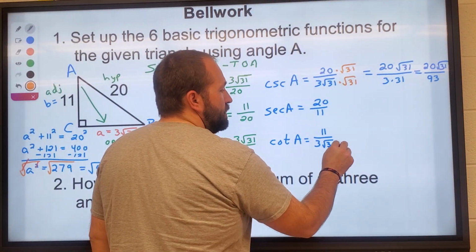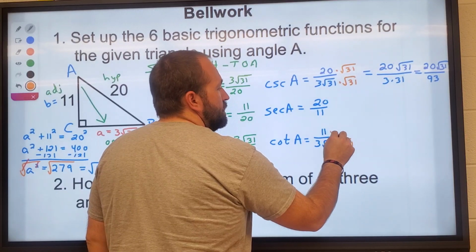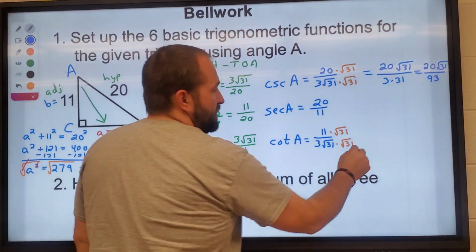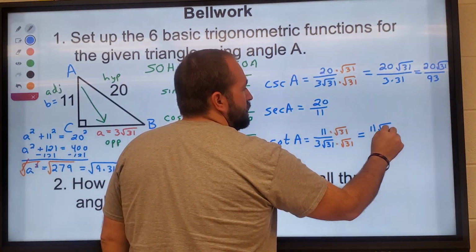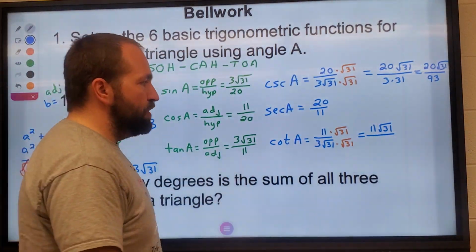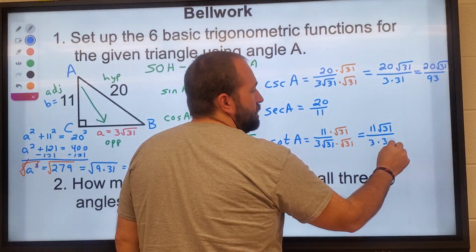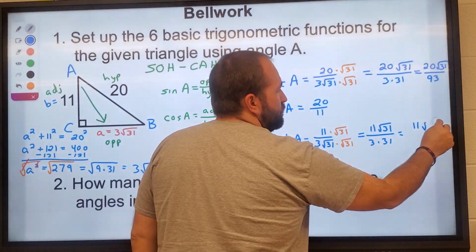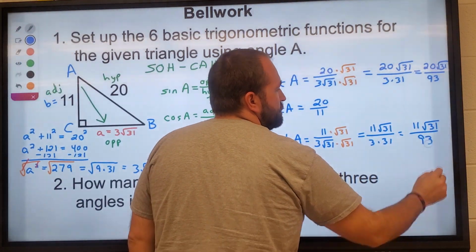So we multiply by the square root of 31, which gives me 11 root 31 over, and again we have a similar situation on the bottom, 3 times 31, which we can then multiply, so we have 11 root 31 divided by 93.